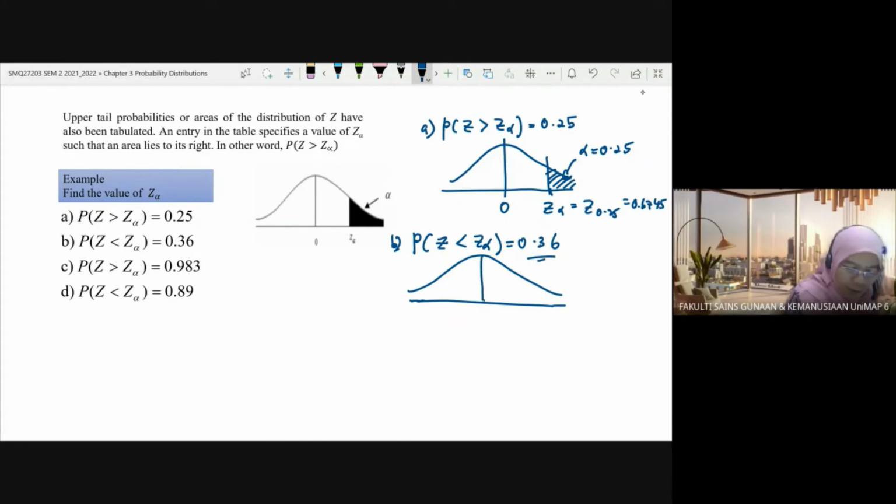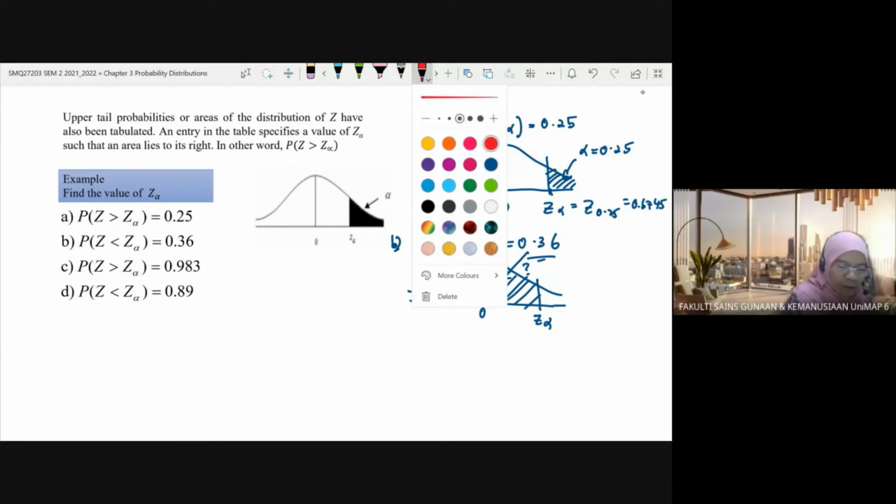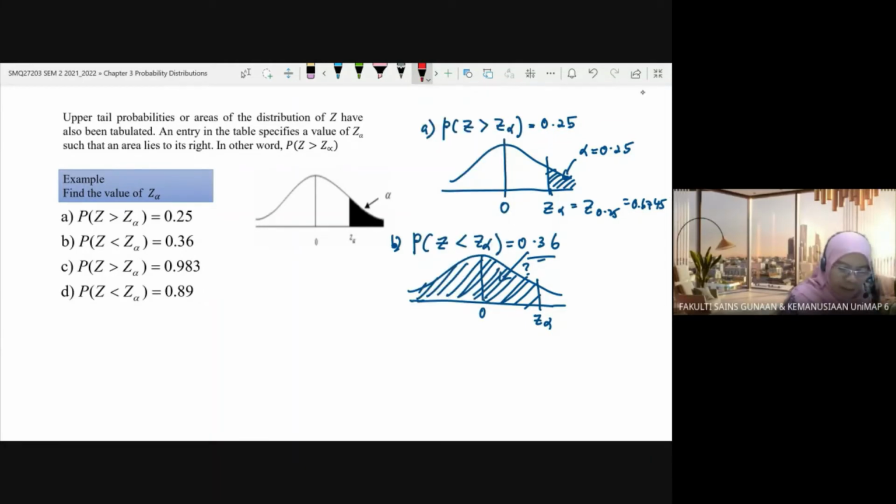If, let's say, we know that the middle is 0, if my Z alpha is here, is it possible that 0.36 is covering this region, class? Is it correct? The probability value is 0.36, but the region, if we look here, is it possible? No, not possible. Yes, so this is where we have to test. In this case, wrong, because the area is too big.